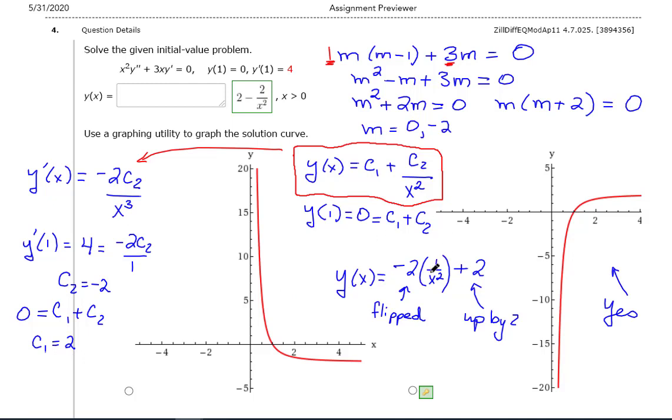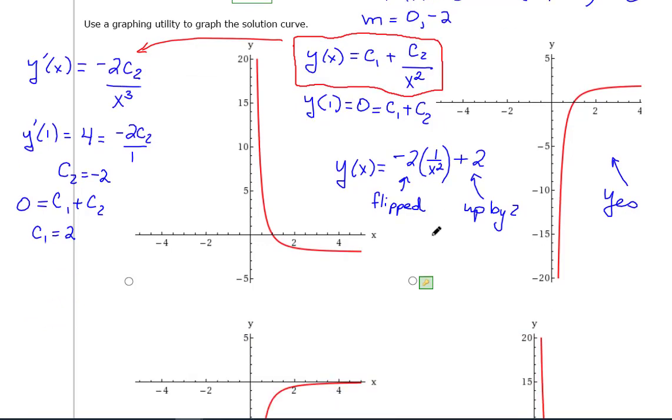So putting all this into my problem, c1 was 2, c2 was minus 2. So my graph is flipped over, because of the minus 2, 1 over x squared, and it's shifted upward by 2.